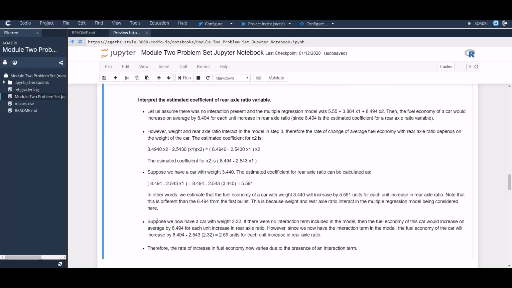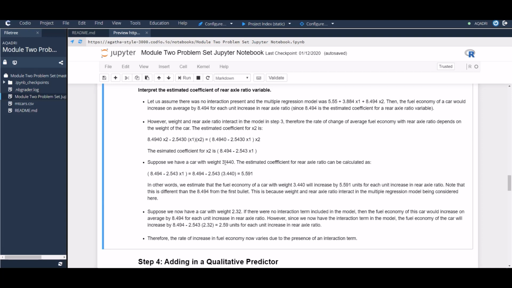Now, suppose we have a car with weight 3.440. This is just an example. The estimated coefficient for rear axle ratio based on this equation can now be calculated. All you do is plug in 3.440 in x1.